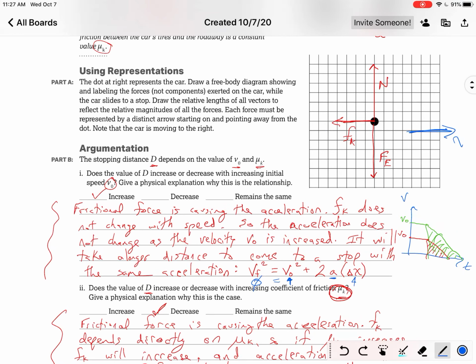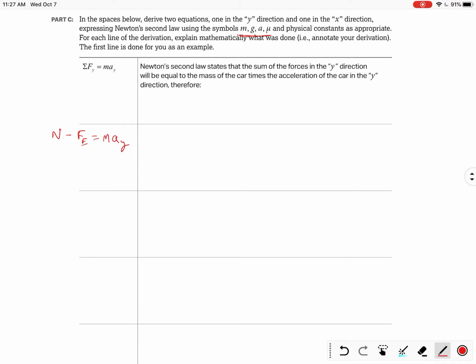So we've already been given the first line of Newton's second law for the y dimension, so let's go ahead and start there. We've described the normal force in the positive direction and the force of the Earth in the negative direction, and that's going to be equal to mass times acceleration in the y. The acceleration in the y is equal to 0 because it's not accelerating up and down in the vertical direction.